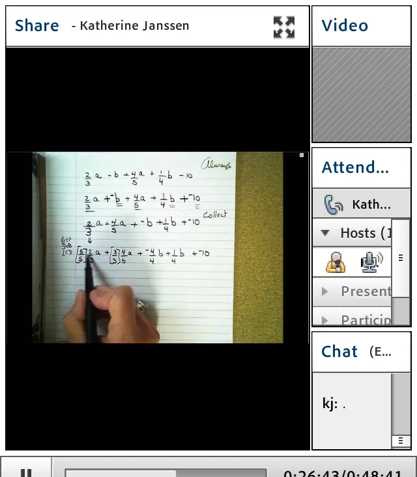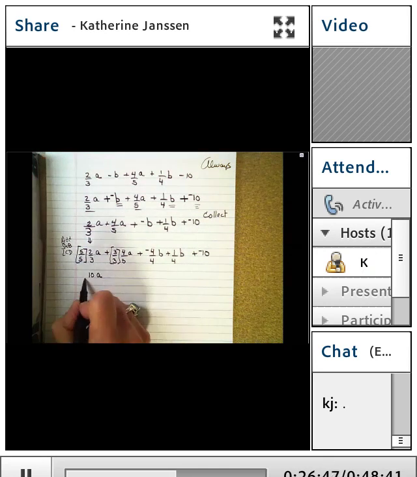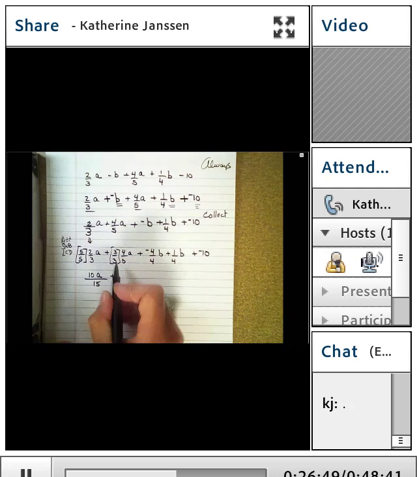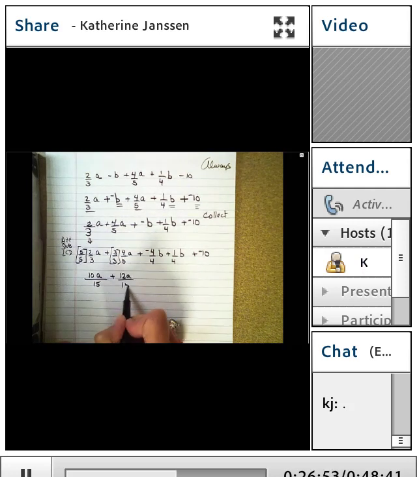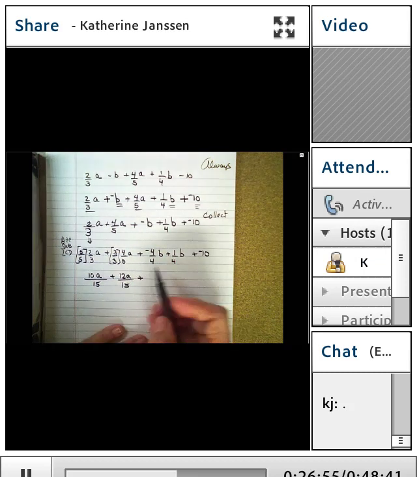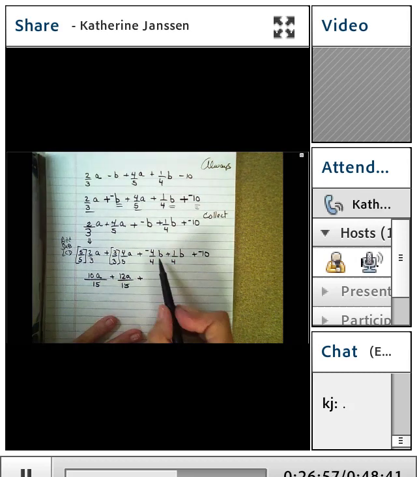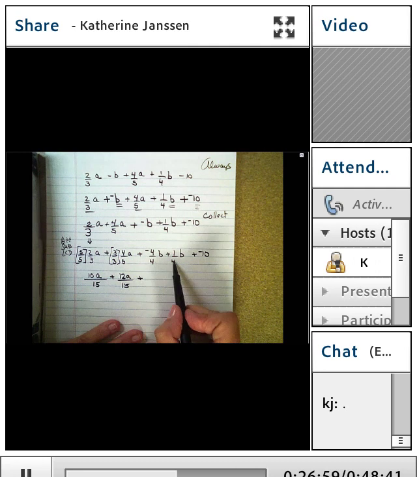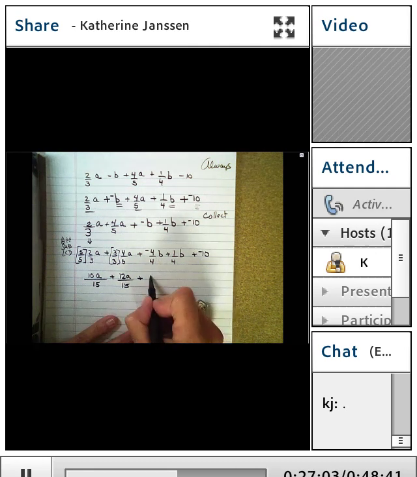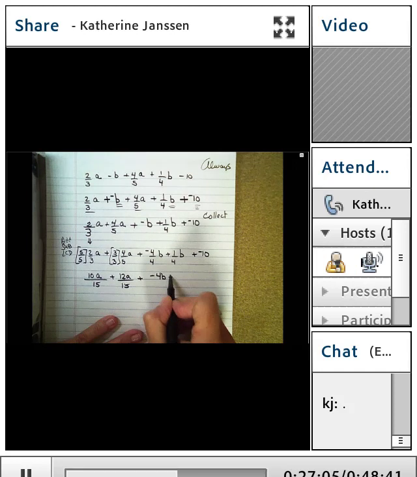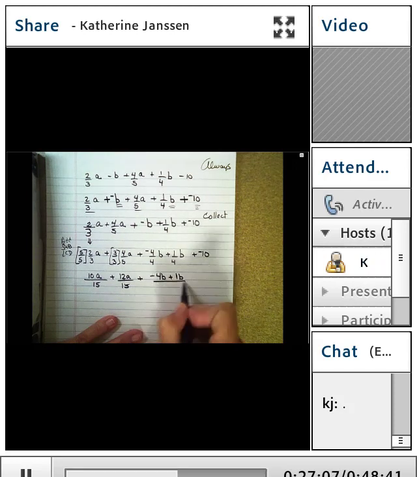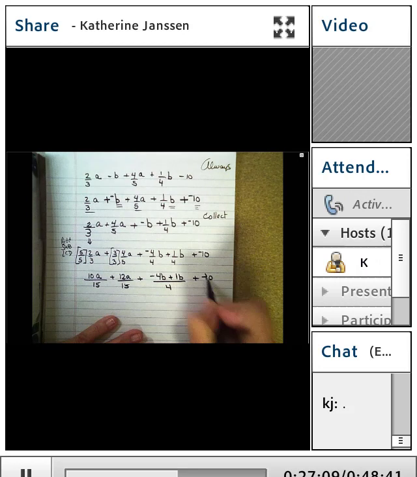So here I have 5 times 2 is 10 times A over 15, 12A over 15 plus, this is all over 4. So I have a negative 4B plus 1B all over 4 plus a negative 10.